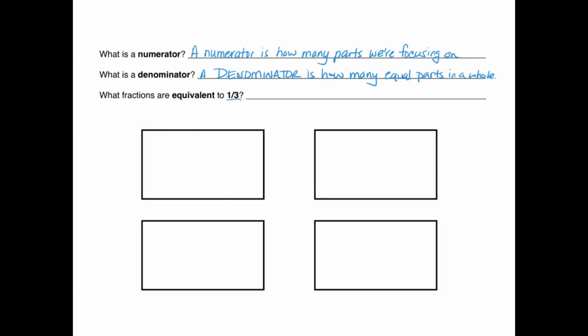And then go ahead and hit unpause when you're ready, and we'll continue. So now we're going to address equivalent to 1/3. So underline equi and write EQUAL. And we're going to start off by writing the fraction 1 out of 3, which is the same thing as 1 divided by 3 and 1/3.